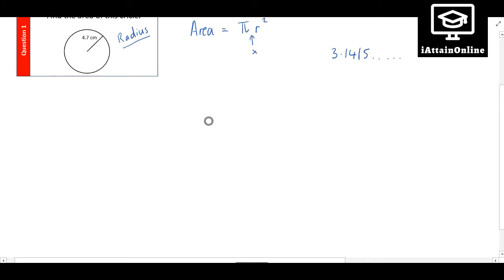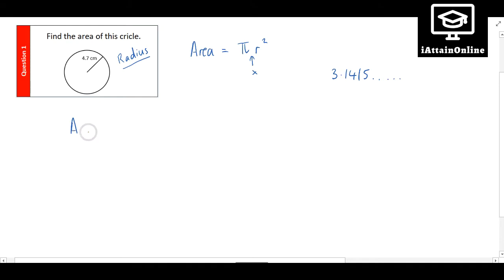If I start with the formula, area equals pi multiplied by radius squared. Now all we're going to do is substitute in the values that you've been given. So the area of this circle is equal to pi multiplied by 4.7 squared.